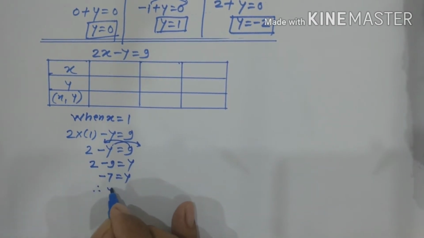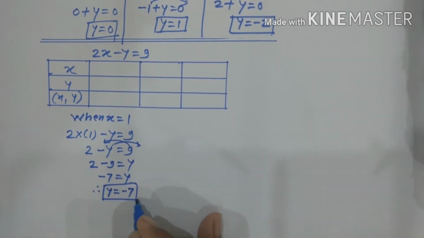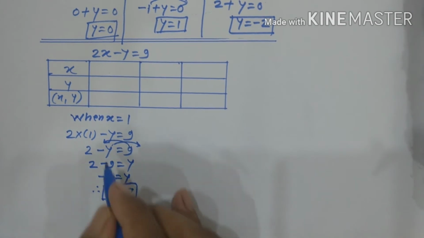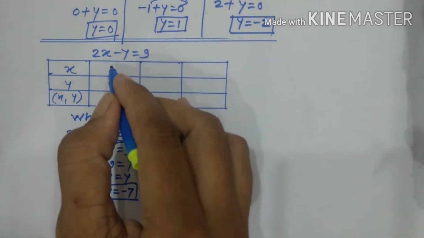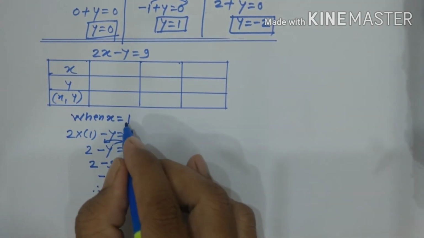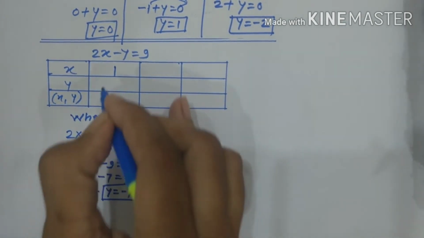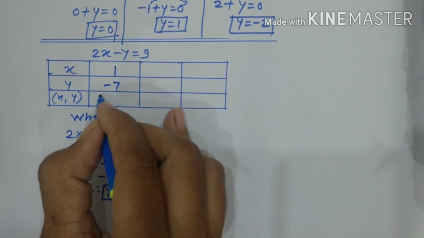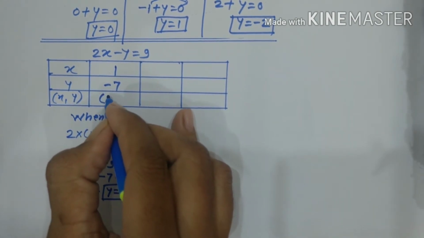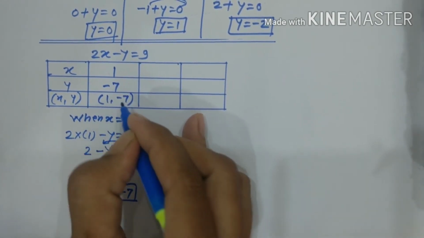Therefore, y is equal to minus 7. Value of y is minus 7. Write these values of x and y in second column. Value of x is 1 and value of y is minus 7. Our first solution is 1 and minus 7.